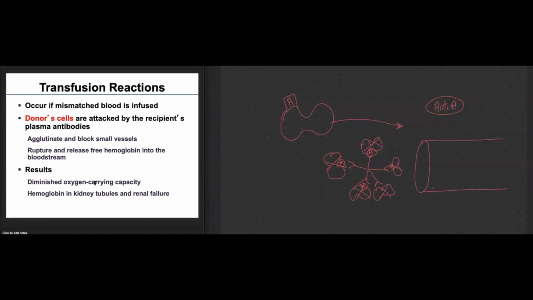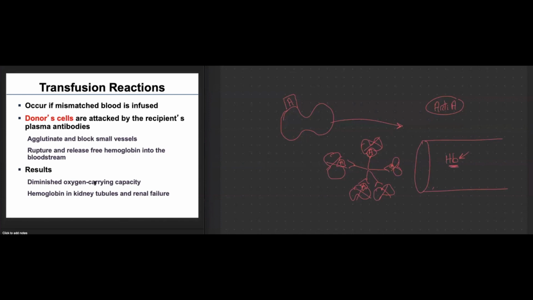Another thing is that when those red blood cells get destroyed, they will be releasing the hemoglobin out in the bloodstream. And remember, the hemoglobin is not supposed to circulate freely in the bloodstream. It needs to be broken down immediately in the liver and in the spleen, in the sinusoids, for you to recycle the iron and form the bilirubin.